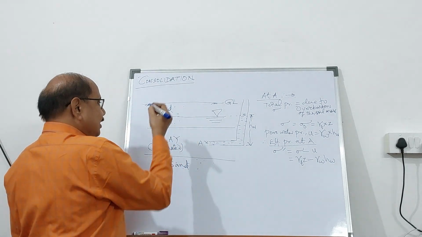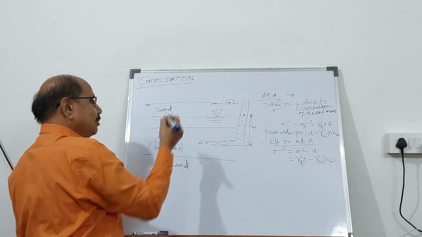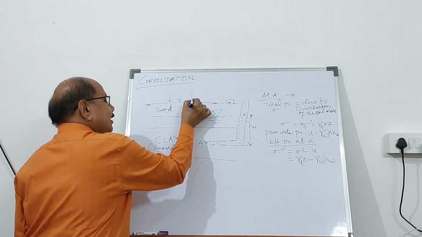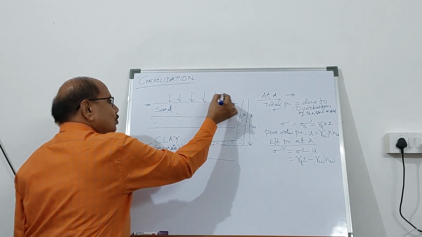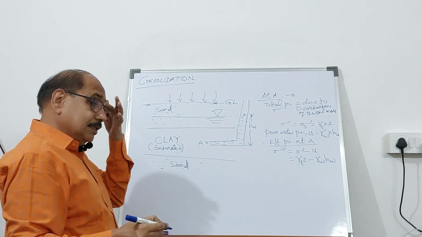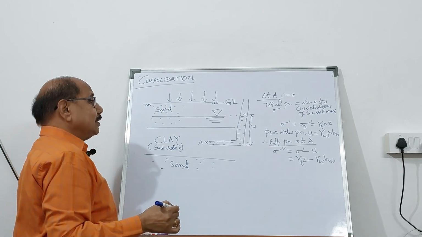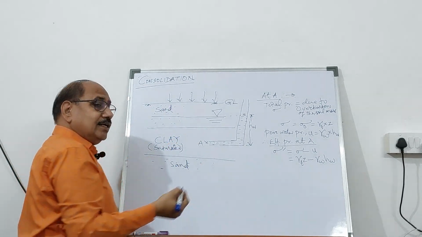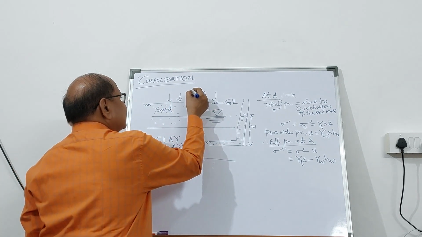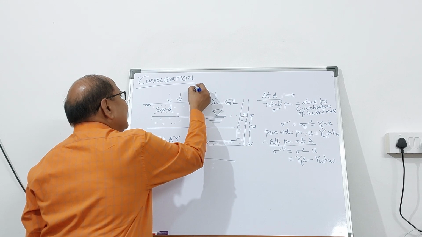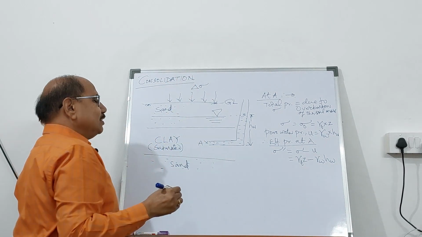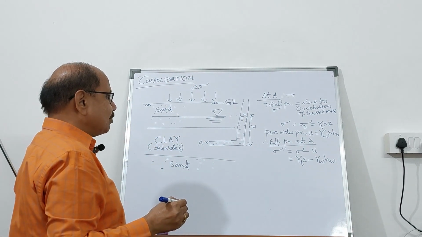Now if you increase the external load over this soil mass, say an external load comes to the ground level or any level of the ground due to a footing, you are applying an increase in total pressure, called delta sigma.